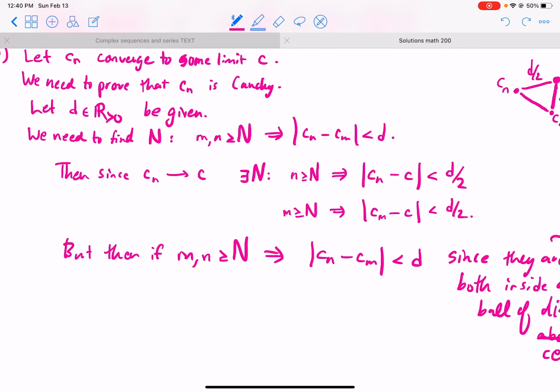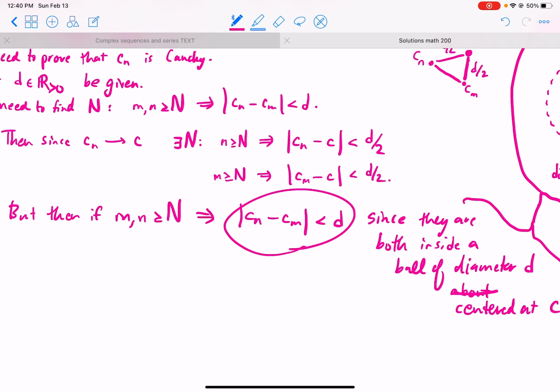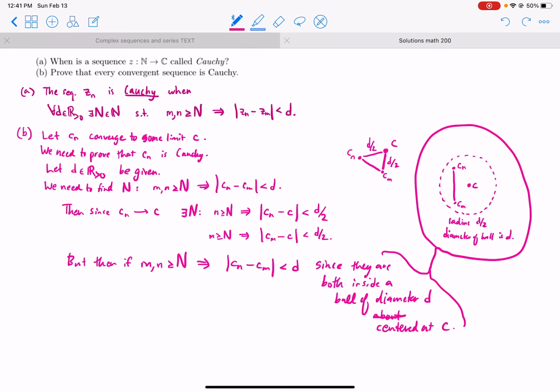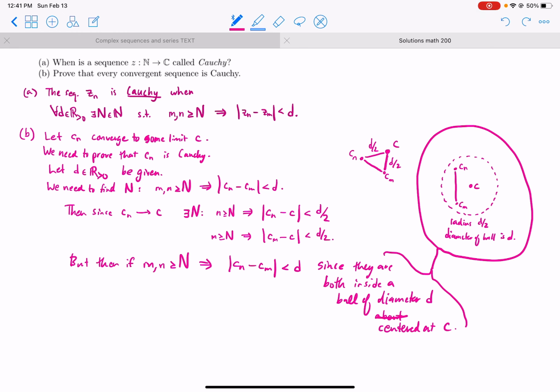And then, if we're both past that point, then these two are less than d by this picture and these words. So that proves that every convergent sequence is in fact a Cauchy sequence.